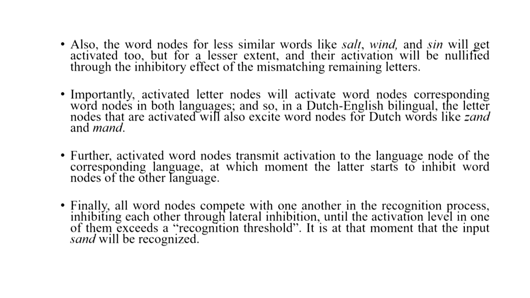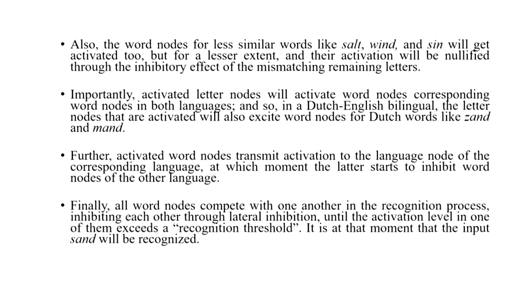Now, you will also see that in this model, word nodes for slightly less similar words like salt, wind and sin will also get activated, but the activation will be to a slightly lower extent, because these words carry some of the letters presented in the actual stimulus, but not all of them.